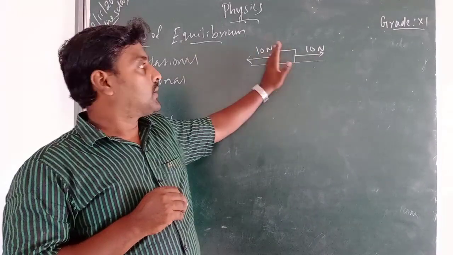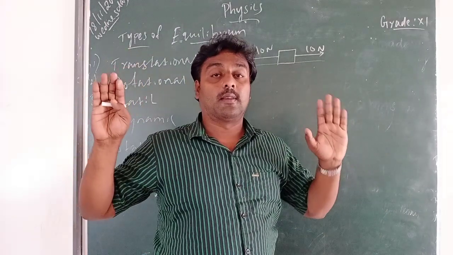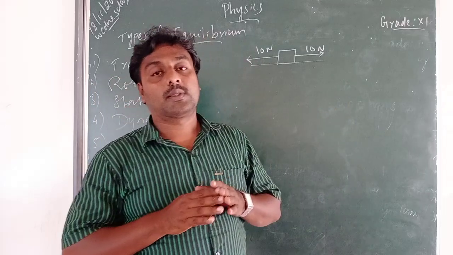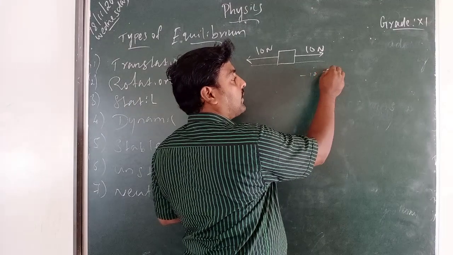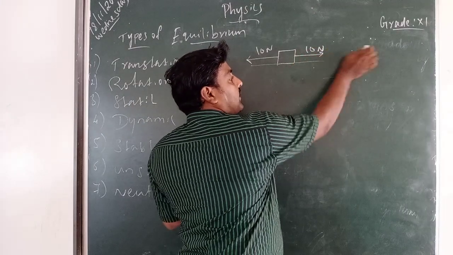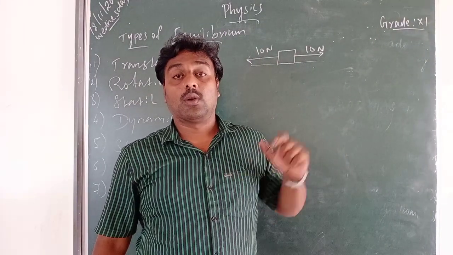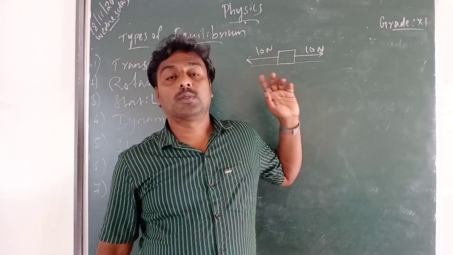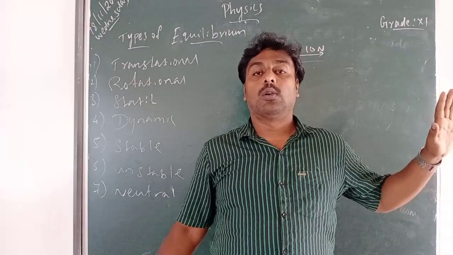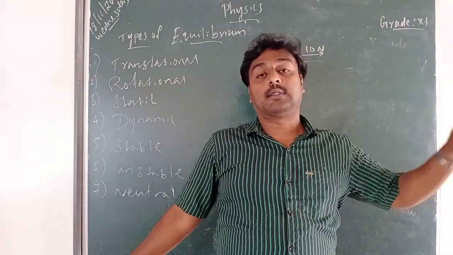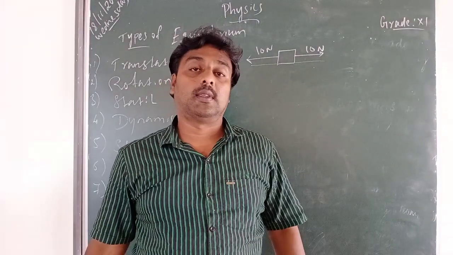This side 10 Newton, that side also 10 Newton, so equal force is acting in opposite directions. So the forces will get cancelled. This direction will be minus 10, that direction plus 10, so you will get the total force 0. Because the forces act in opposite directions and the magnitude is the same, when we take the net force, you will get 0.